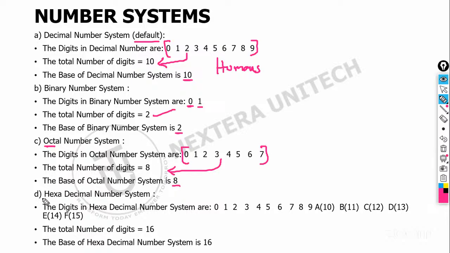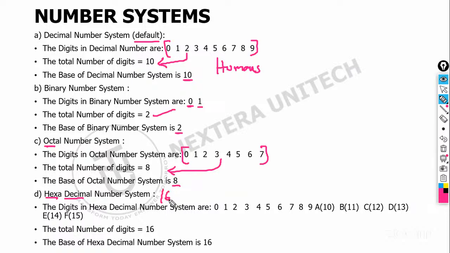Then finally, hexadecimal. Hexa means 6, and deci means 10, that is what we have understood. In the decimal number system, how many digits do we have? 10. So hexa is 6, and when you combine both, it is 16. That means in the hexadecimal number system, we should have 16 digits.